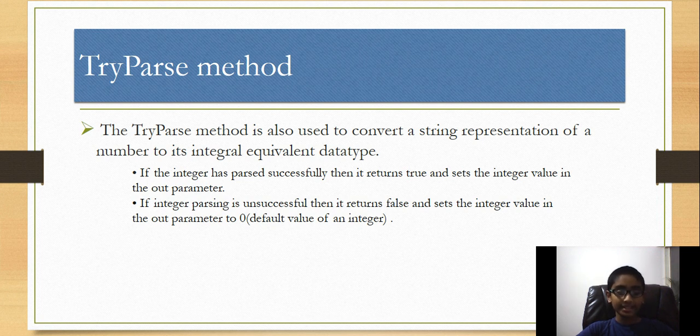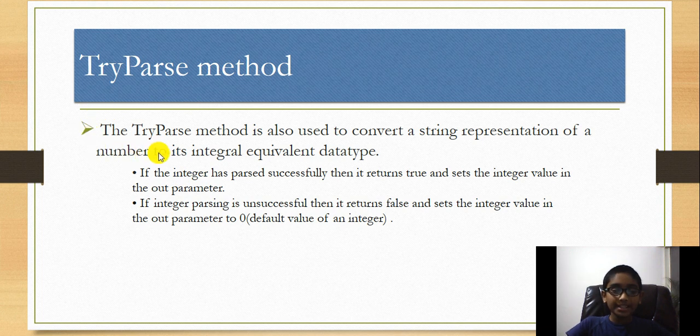If the integer has parsed successfully, then it returns true and sets the integer value in the out parameter. And if the integer parsing is unsuccessful, then it returns false and sets the integer value in the out parameter to 0. That is the default value of an integer.